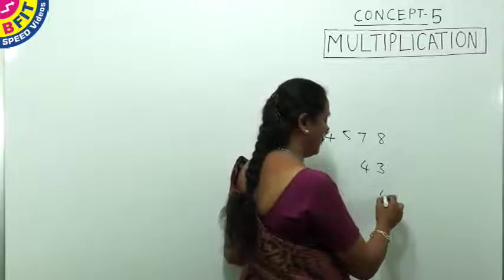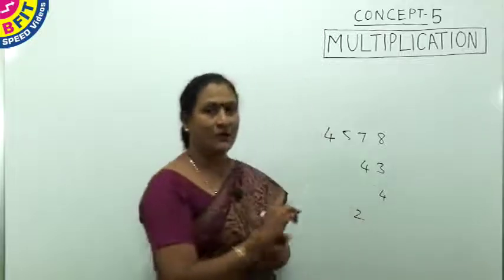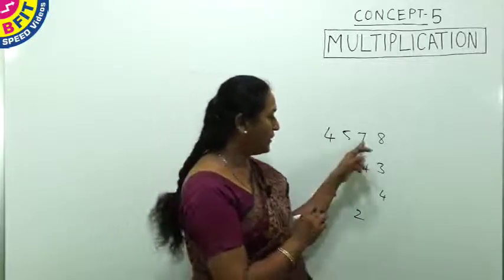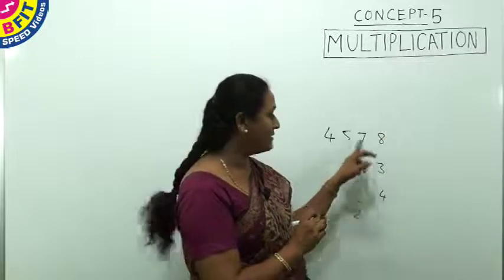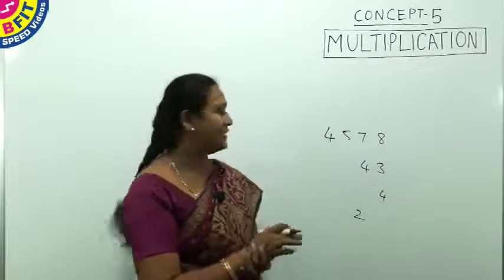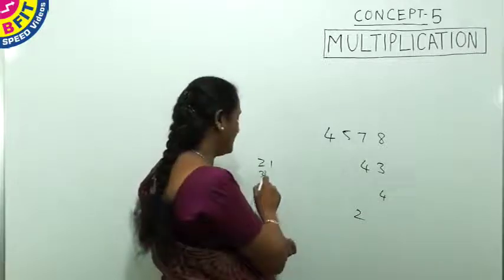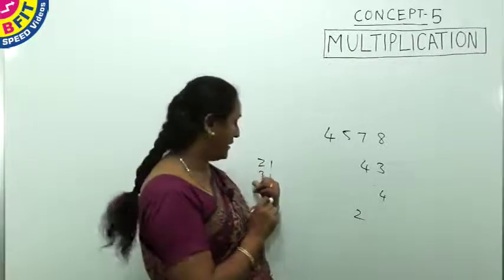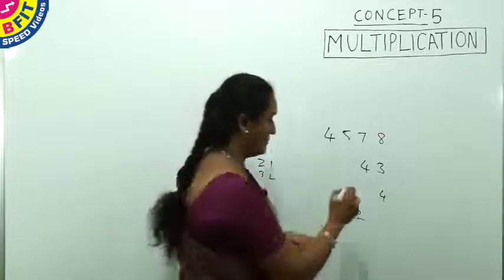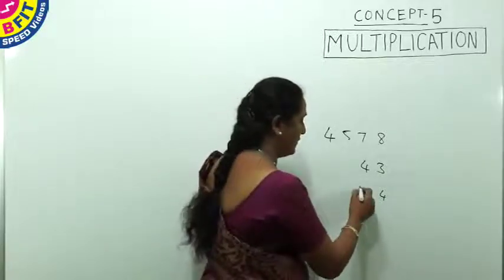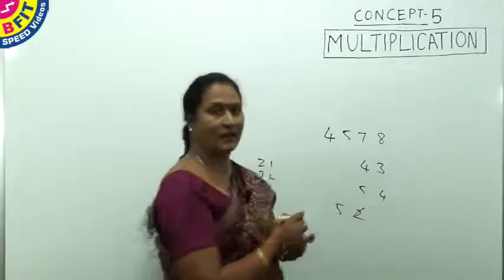It is 24. Have this 2 carried over. And now the product of 4 and 8 and 7 and 3. So the product of 7 and 3 is 21. And what is the product of 4 and 8? It is 32. So we have 53 plus 2, it is 55. So we have 5 carried over.